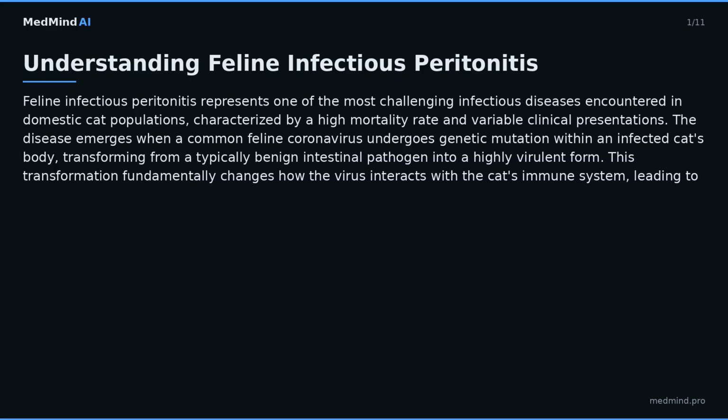This transformation fundamentally changes how the virus interacts with the cat's immune system, leading to progressive and typically irreversible illness. Understanding the distinction between the precursor virus and the disease-causing variant is essential for comprehending disease prevention strategies and prognosis.